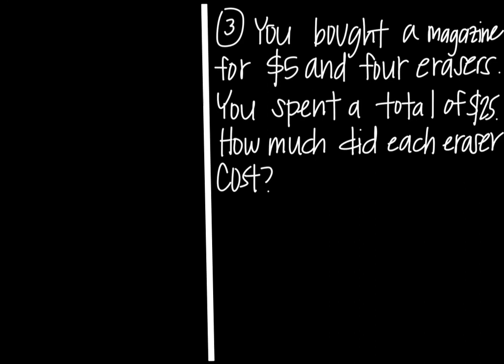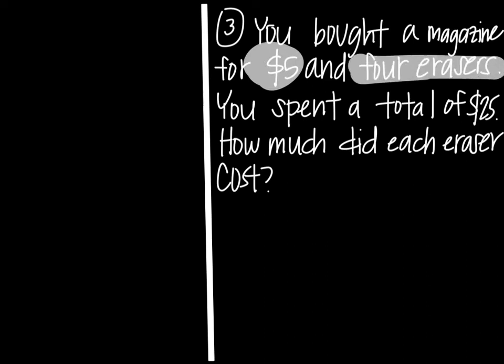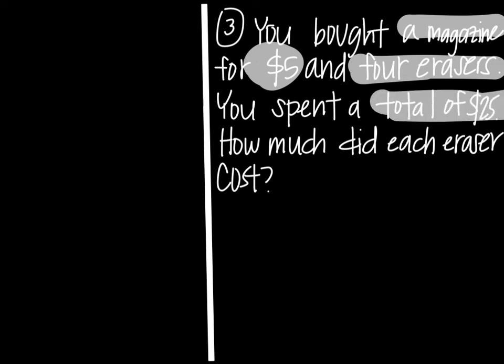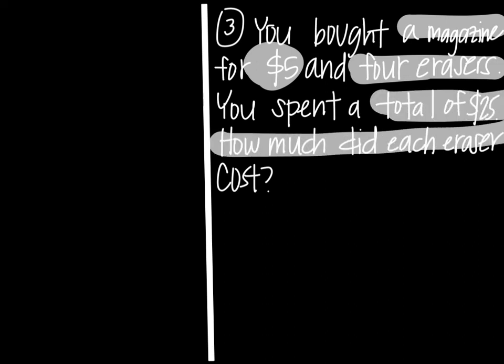Alright, the last word problem. So you bought a magazine for $5 and 4 erasers. So one magazine for 5 and 4 erasers. You spent a total of 25. How much did each eraser cost? So we'll say E for eraser cost.